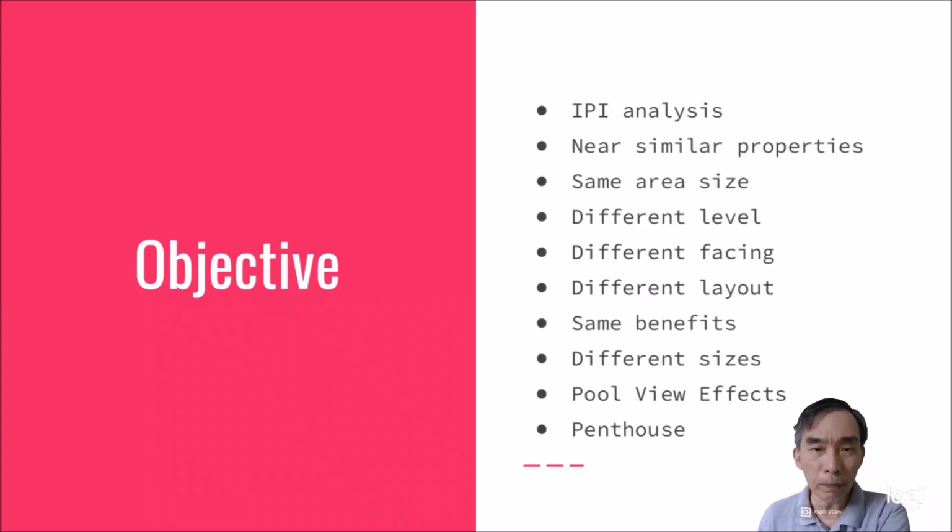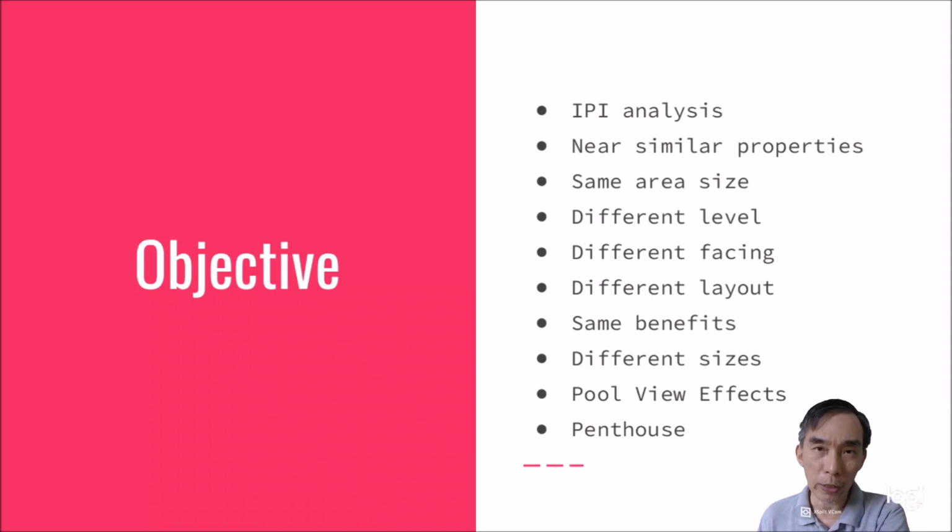The objective of this analysis is inter-property index analysis of near similar types of property. When you have the same project and the same level, probably the same facing, but different sizes, the property is similar but not exactly a mirror image.